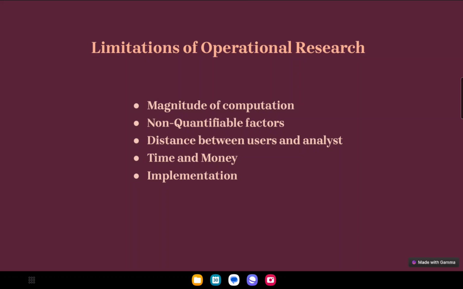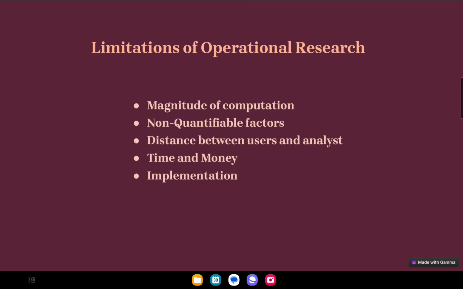Because of the magnitude of computation required, it can be challenging, particularly for large scale problems. Next are non-quantifiable factors like emotions and cultural values. They can't always be incorporated into models because these models use quantifiable factors.